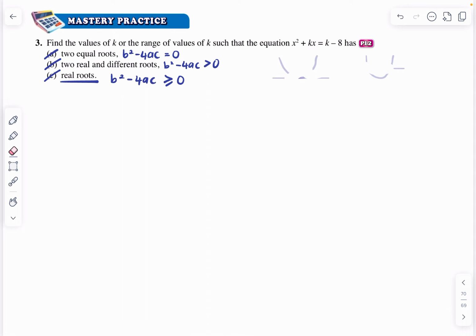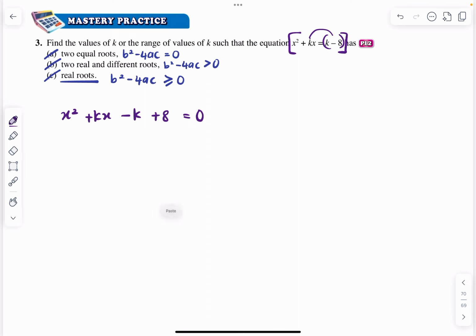So now let's solve the question. First let's take this equation, x squared plus kx. We bring all of this to one side, so it becomes negative k plus 8 equals to 0. From here we can identify our a, b and c. A is 1x squared, so a is 1.